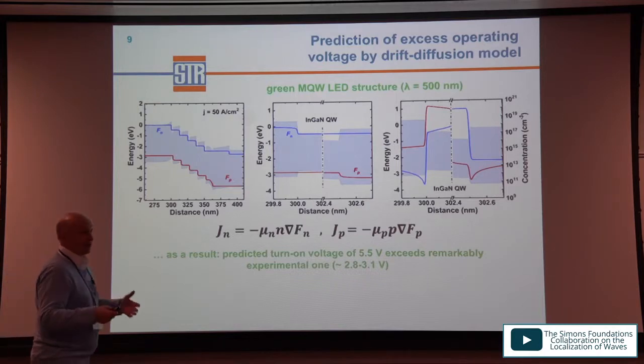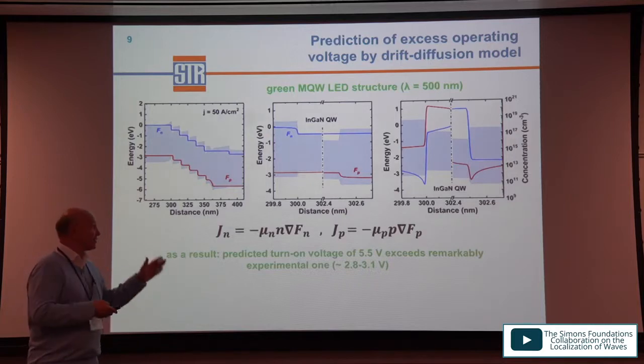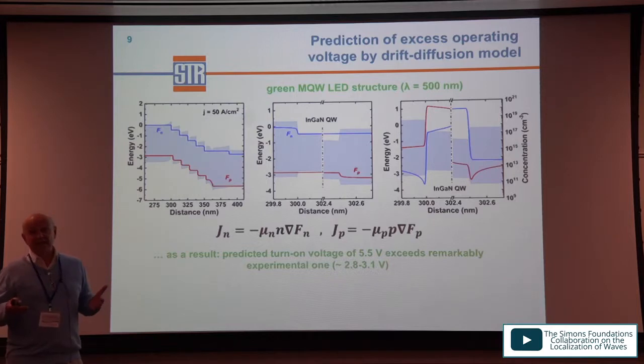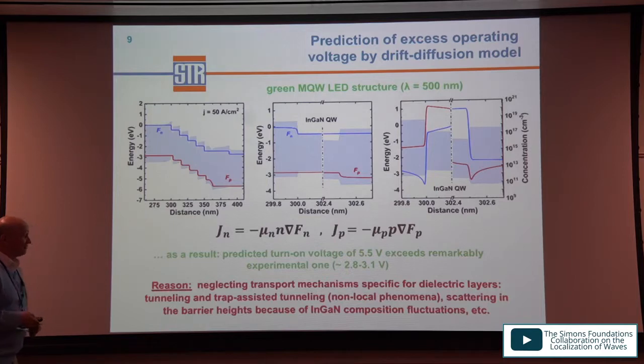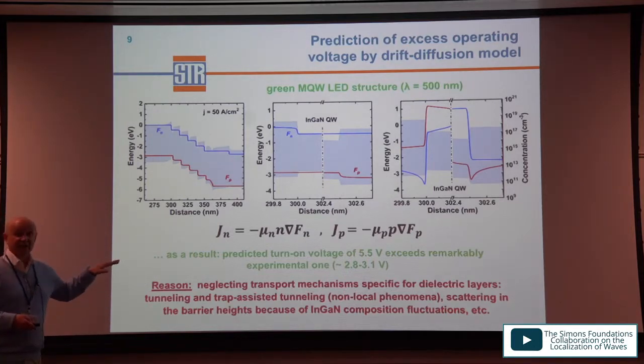And if we apply the drift-diffusion model, it always produces an overestimation of the operating voltage. The reason is that we neglect the transport mechanisms specific for dielectrics. And what are these mechanisms? Tunneling, trap-assisted tunneling, and also we should take into account that the height of the barrier depends on the composition of the quantum well, and fluctuations of the composition result in fluctuation of the barrier height. And this also is not taken into account in this model.